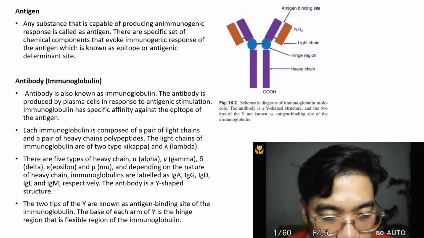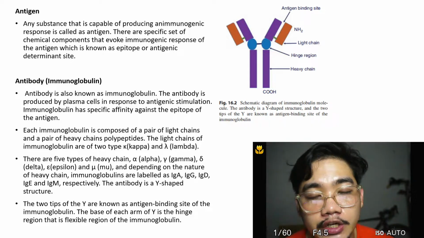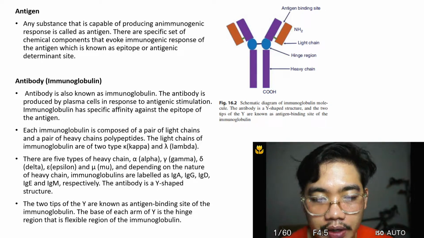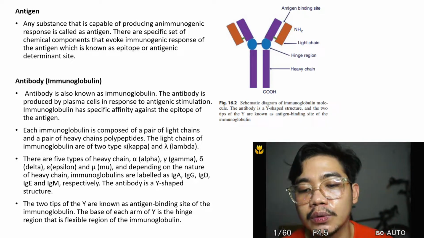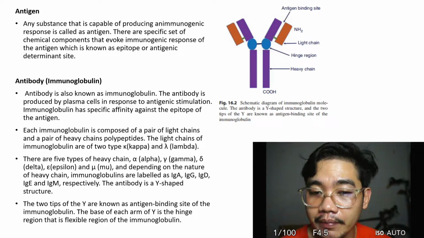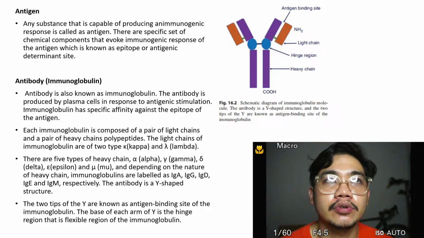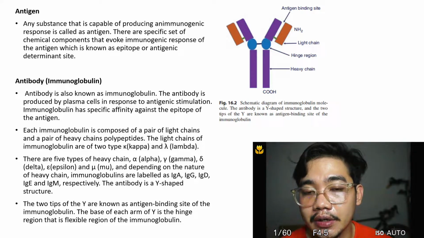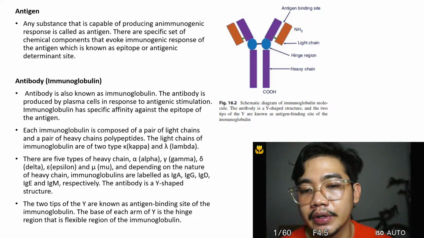Each light chain is of two types, your kappa and your lambda, and your heavy chain is alpha, gamma, delta, epsilon, and mu. The class of antibody is dependent on the heavy chain. It doesn't matter what your light chain is, your heavy chain dictates the class of your antibody.